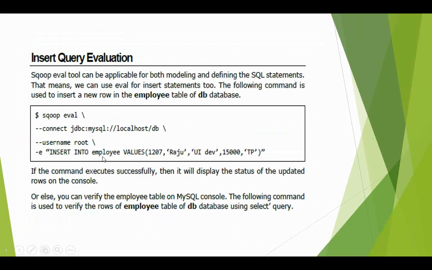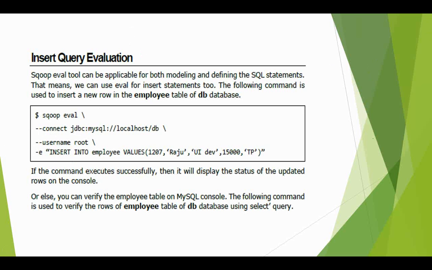That is insert into employee values, and whatever values we have, we can specify them. The query part will be the same as MySQL only. To insert into MySQL using Sqoop, we have to use the eval tool, then the connection, which we are familiar with in Sqoop. I think once you try a single query, it will be easy for you.